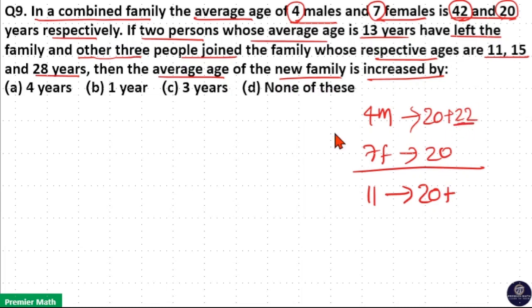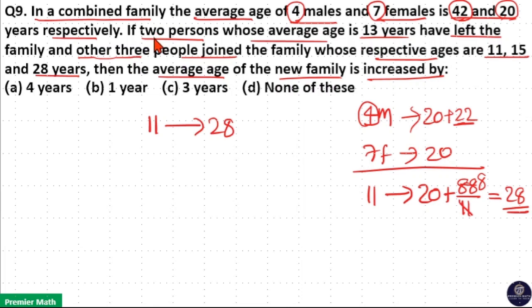This 22 is for these 4 people. So, 22 into 4 is 88. This 88 should be distributed to these 11 people. So, 88 by 11, which is equal to 11 goes 8 times in 88. So, 20 plus 8, 28 is the average age of 11 people.